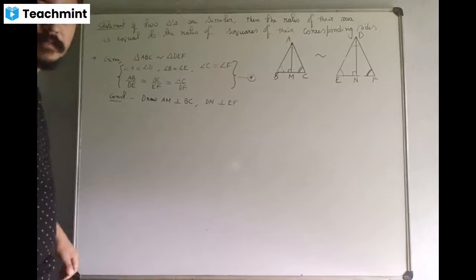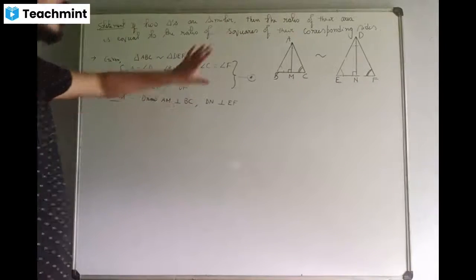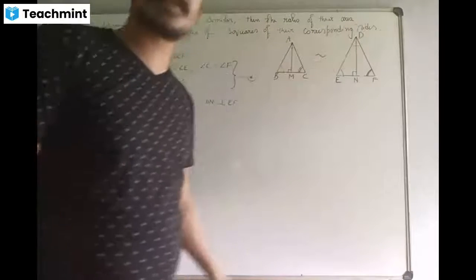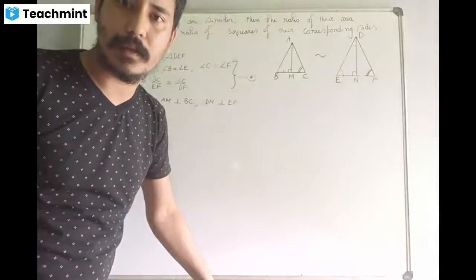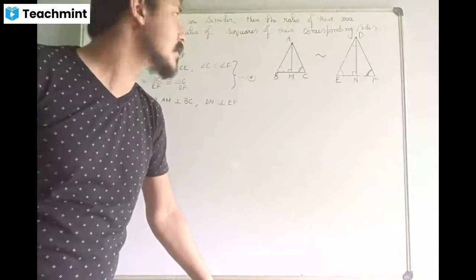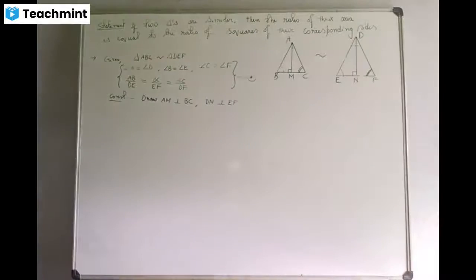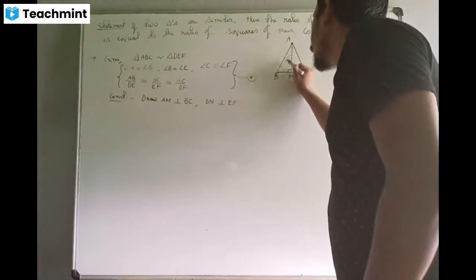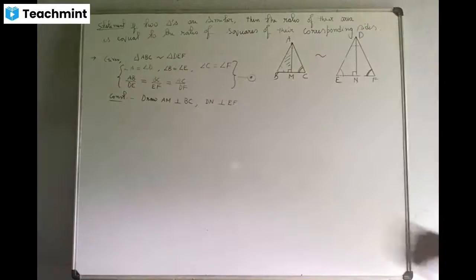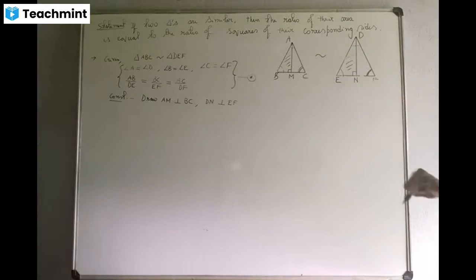Now you see here, already the triangle ABC is similar to triangle DEF. The two triangles are similar already, but we have no information about the smaller triangles here. Suppose you consider this small triangle, ABM, and this triangle, DEN.